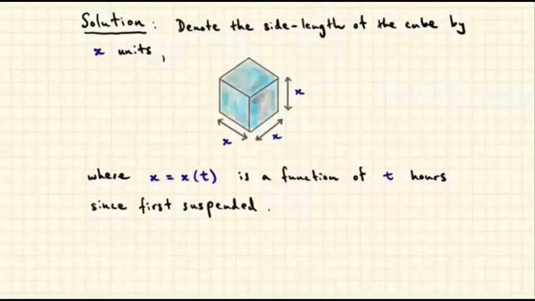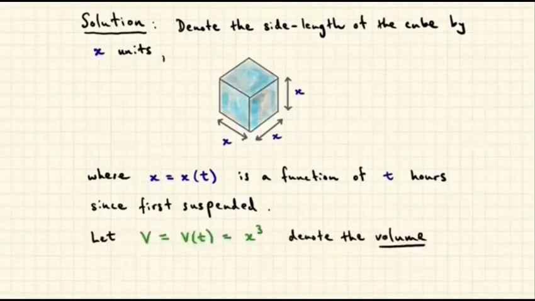There are two quantities that turn out to be important in the modeling that precedes the analysis. These are the volume of the cube, denoted by V, which is a function of time, and takes the value x cubed for whatever value x happens to be at that particular time.